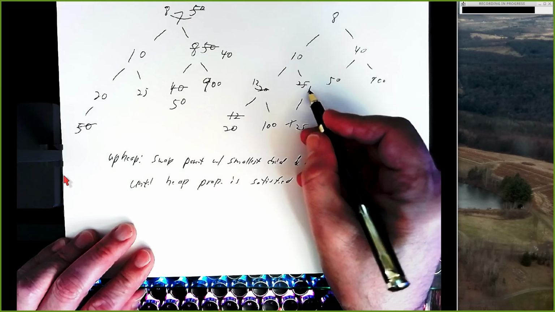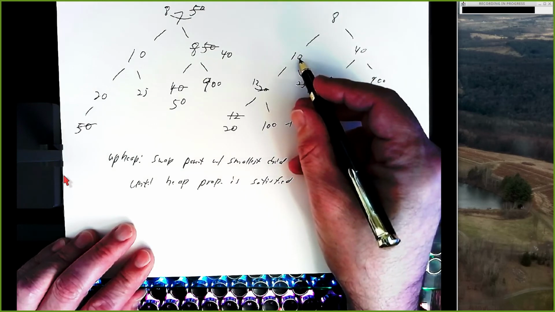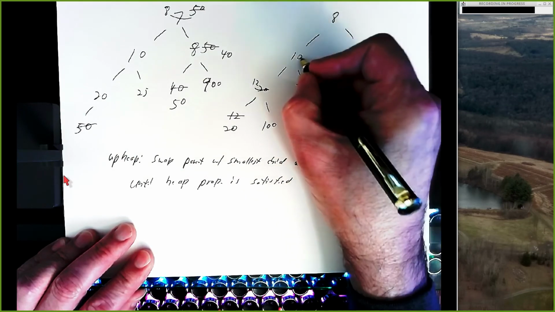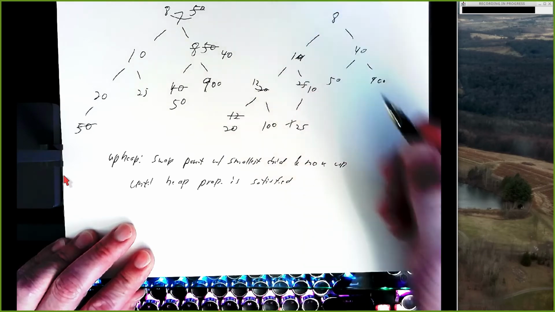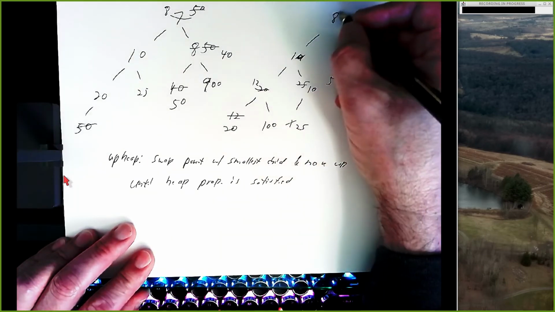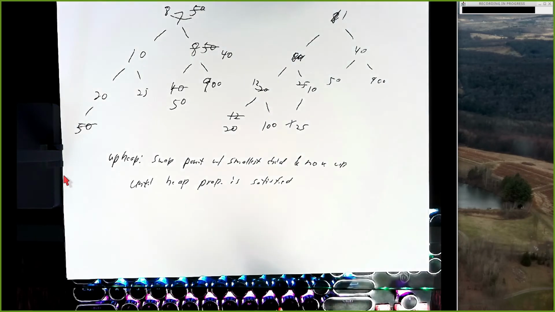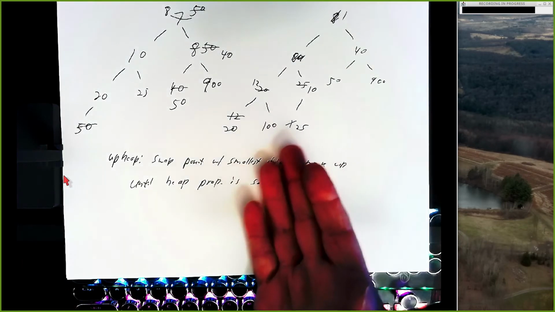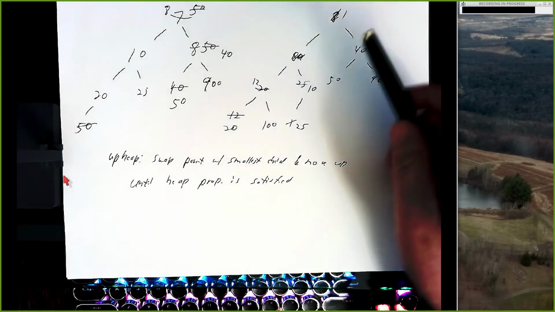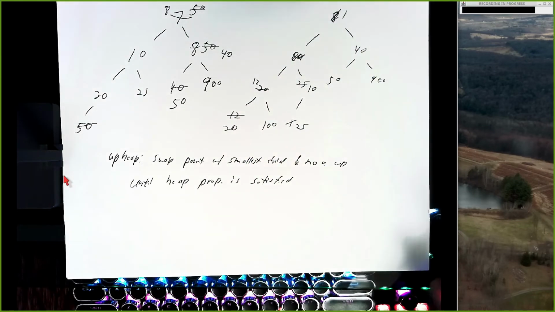And now I'll check this node's parent, and 10 violates the heap property, so I'll swap with the smallest child. And I'll check that node's parent 8, and that violates the heap property, so I'll swap that with the smallest child, and I've got a heap again. In this case, the thing I inserted was smaller than everything in the heap, and so that ended up at the root, as it should.